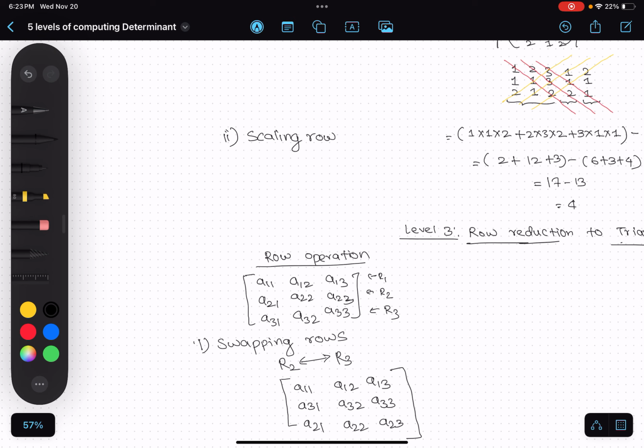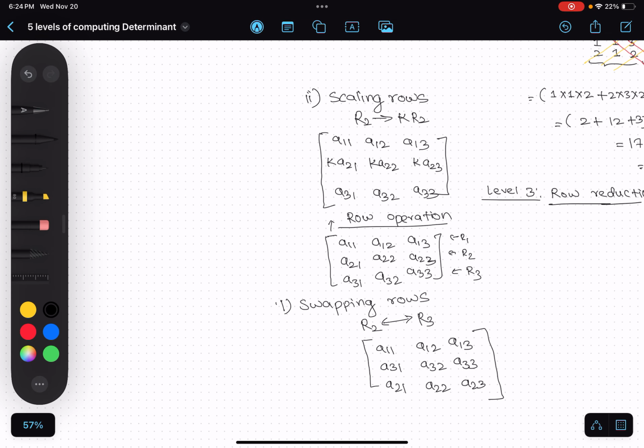Scaling a row means that in this matrix, if I make row 2 to be k times row 2, the matrix will become A11, A12, A13, then row 2 will become k times A21, k times A22, k times A23, and then A31, A32, A33. So this is our second row operation on a matrix.